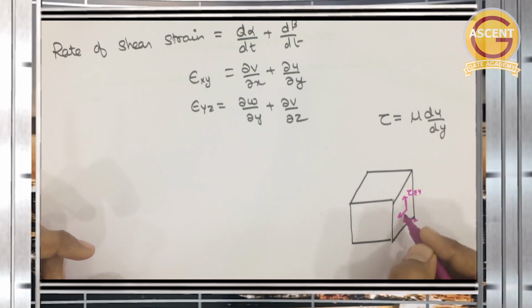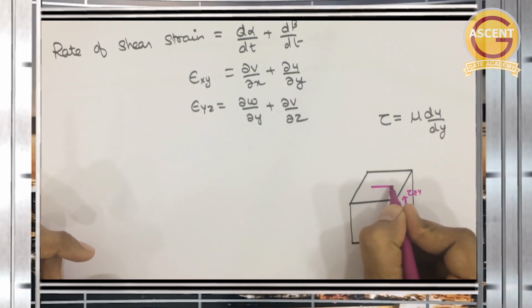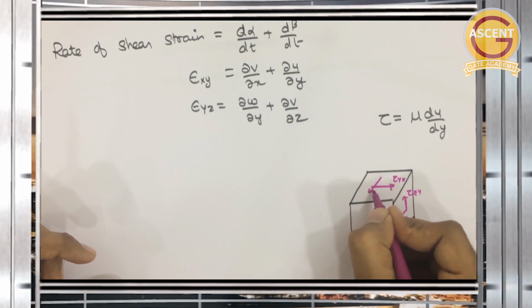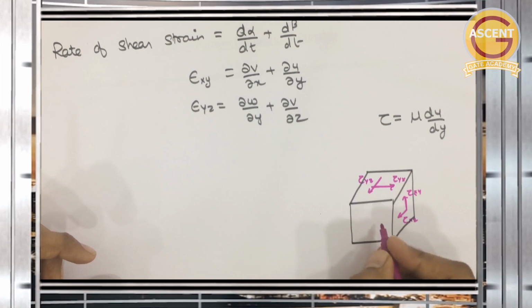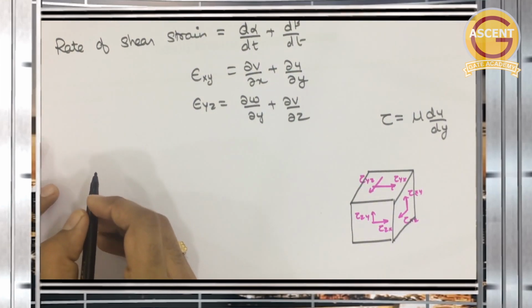So this is tau xy, this is tau xz. Similarly, this will be tau yx, this will be tau yz, here this will be tau zx, and this will be tau zy. Getting this now?